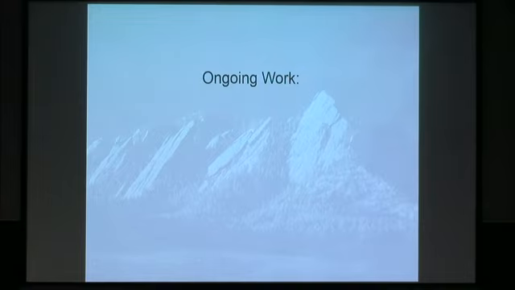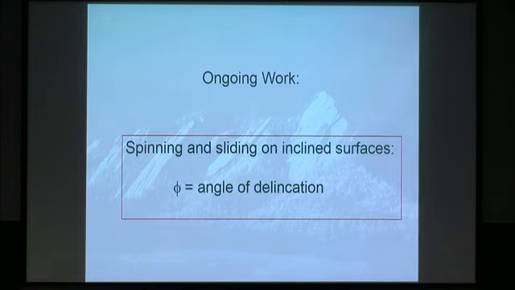However, just recently, about 2 months ago, he emailed me and says, hey, you know, on your spinning disk problem, what happens if you slide it down a plane or up a plane? He got curious about it. So that motivated a collaboration. And spinning and sliding on inclined surfaces.